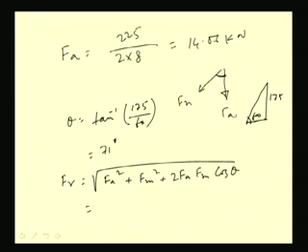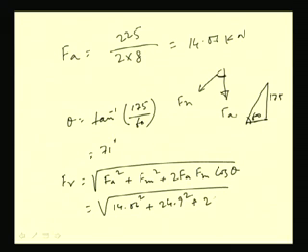So, from this we will get 14.06 square plus 24.9 square plus 2 into 14.06 into 24.9 into cos 71. After calculating this value, we are getting F r as 32.3 kilonewton. So, resultant force is coming 32.3 kilonewton.